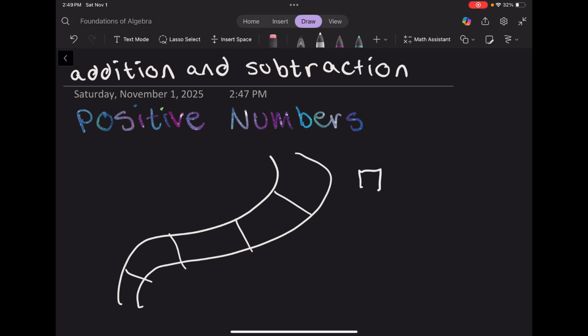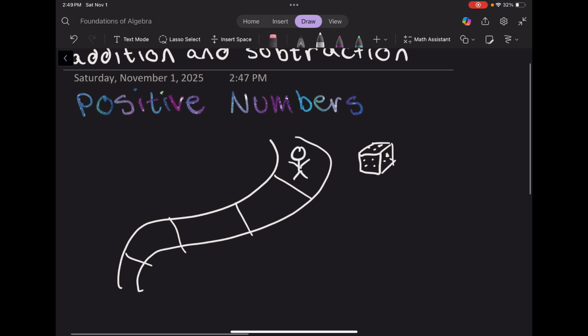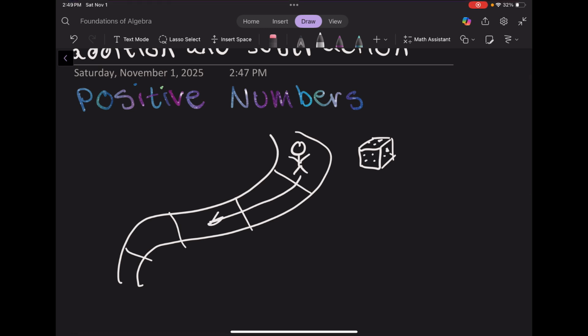And let's say we roll some die or dice, I really don't know. And we get some number, right? And our little character starts here, and we either have to move backwards or forwards.